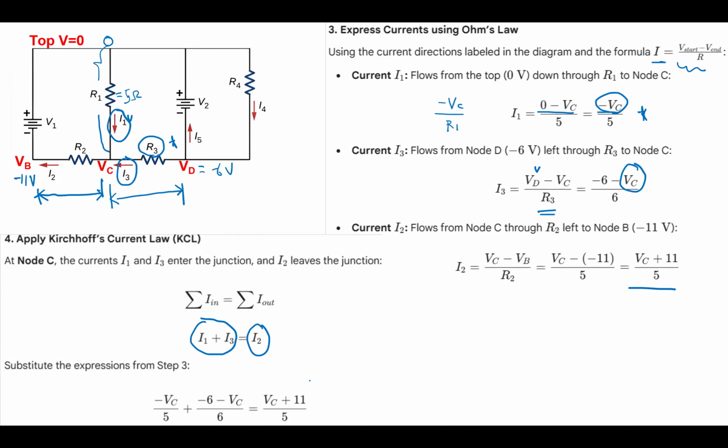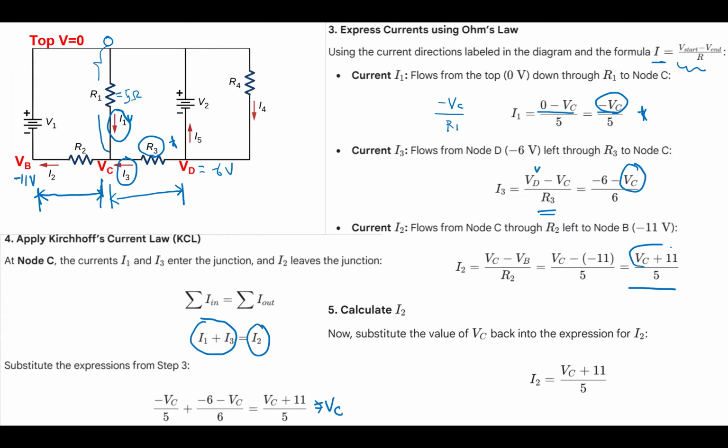And then once we know the VC here, we note that I2 is actually here. I2 is here. VC plus this one.